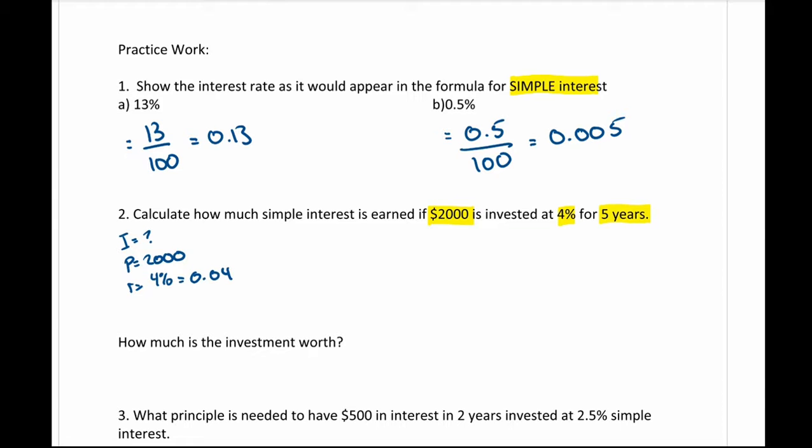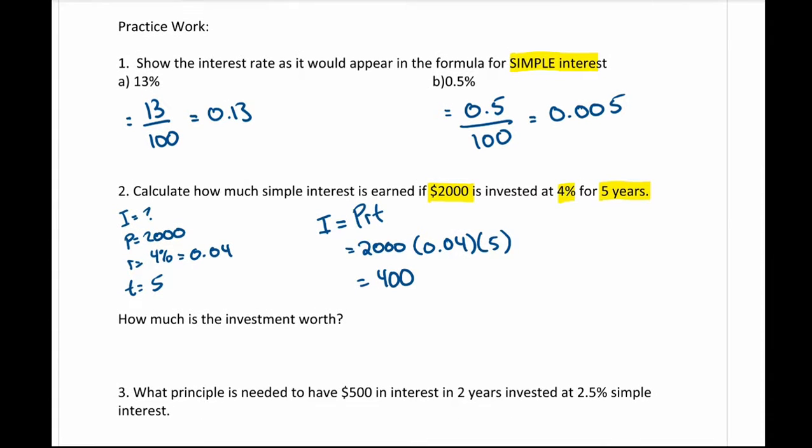We divide it by 100. And our time in years is 5. So our formula then, I equals PRT equals 2,000 times 0.04 times 5. So 2,000 times 0.04 times 5 is $400. So that means you're going to earn $400 in interest.